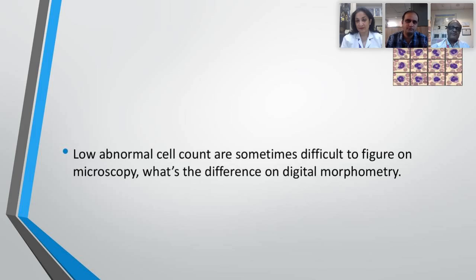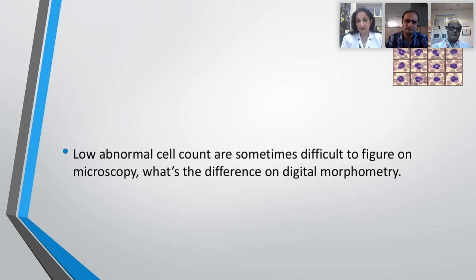I took the same slide and put it under a microscope and started searching. You won't believe what my experience was. I spent nearly 25 minutes searching and was not even able to find one cell. But I took the same slide, put it back into the CellaVision, and it automatically brought back the same cells you had seen.